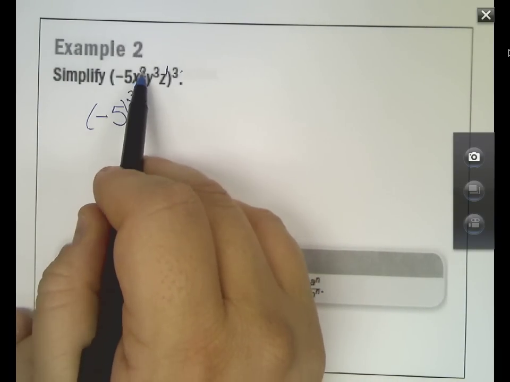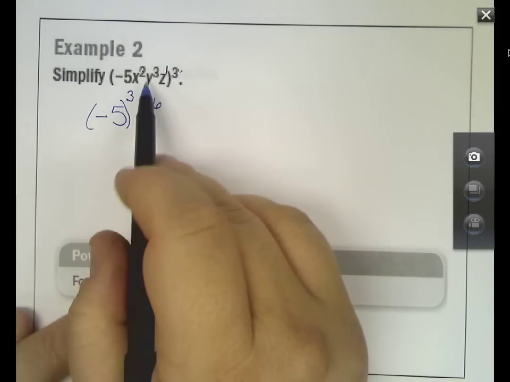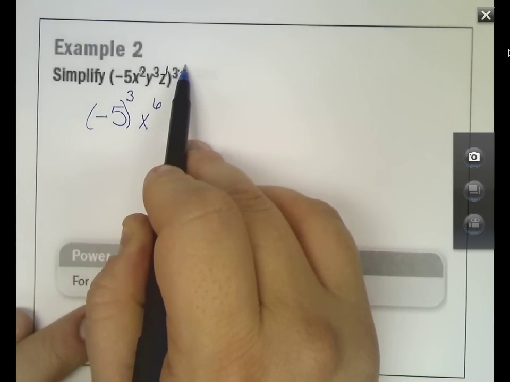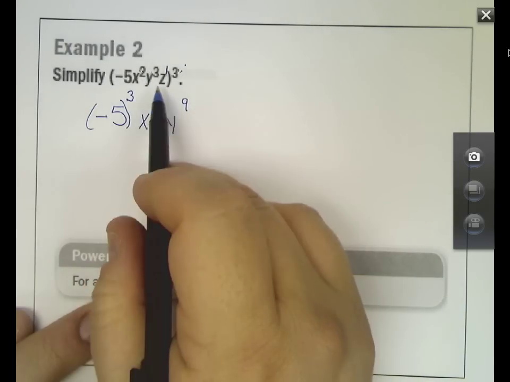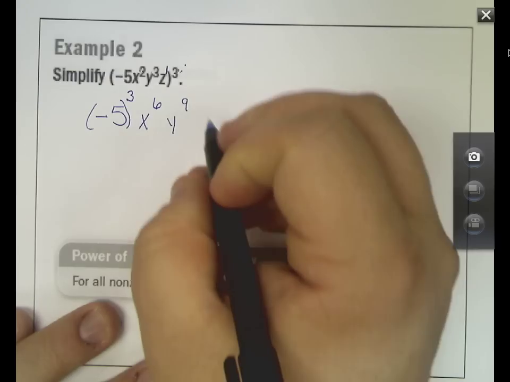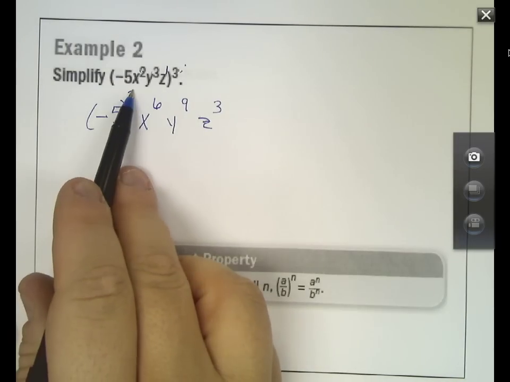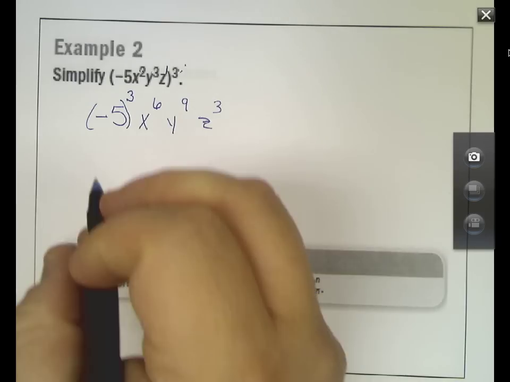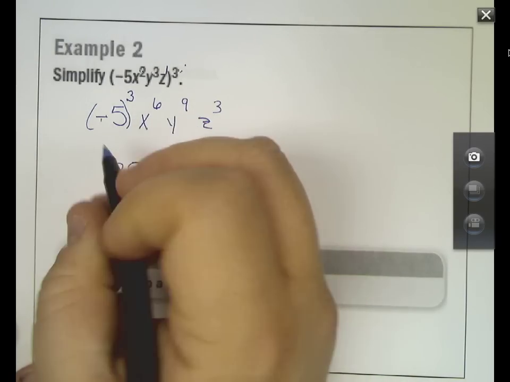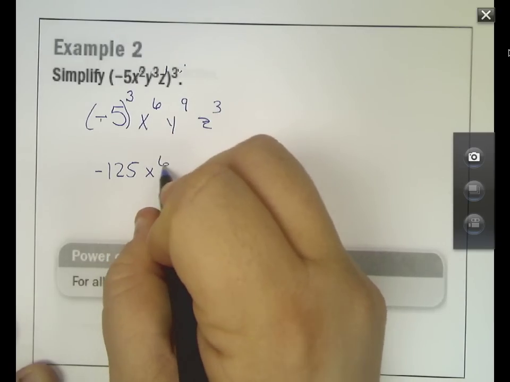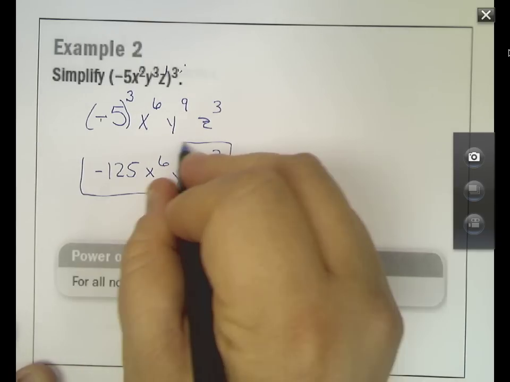X squared to the third power, 2 times 3 is 6. Y to the third raised to the third, 3 times 3 is 9. Z to the 1 raised to the third, 1 times 3 is 3. A negative 5 cubed. 5 times 5 is 25, times 5 is 125. I have an odd number of negatives, so this is negative. X to the 6th, y to the 9th, z to the 3rd.